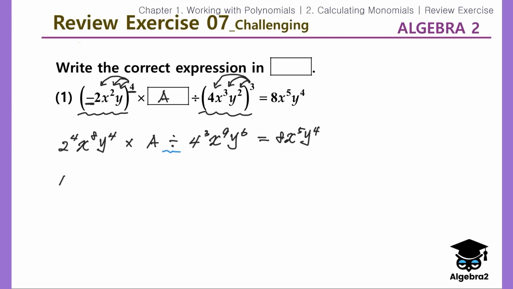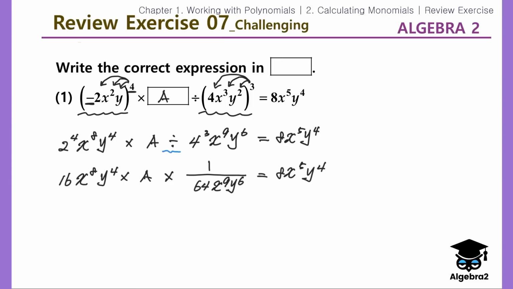So 16 x to the 8, y to the 4 times a times 1 over 4 cubed, that's 64, x to the 9, y to the 6. So that is equal to 8x to the 5, y to the 4. Right? So we're going to simplify these two terms right here.